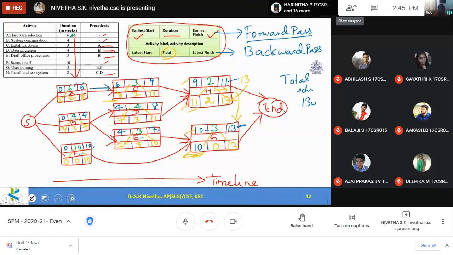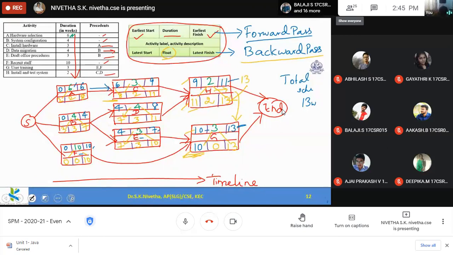Now the backward pass is also over. In the backward pass, we filled in all the values, latest start, latest finish, and float for all these activities. Everything is over now. Now we can check where the float value is 0.